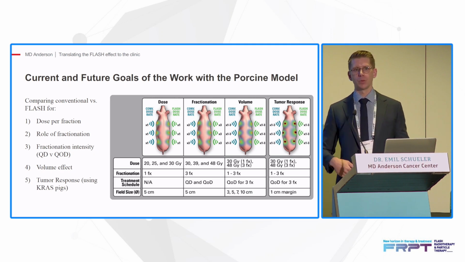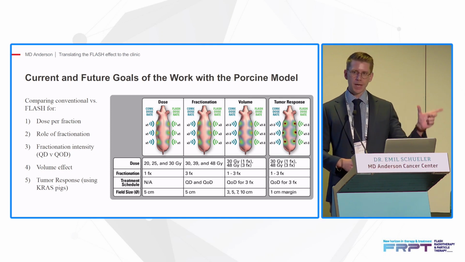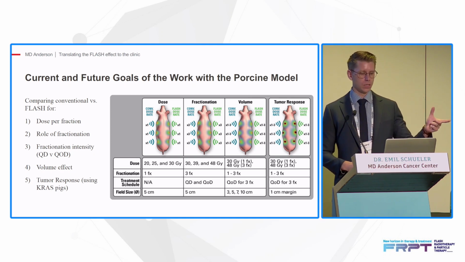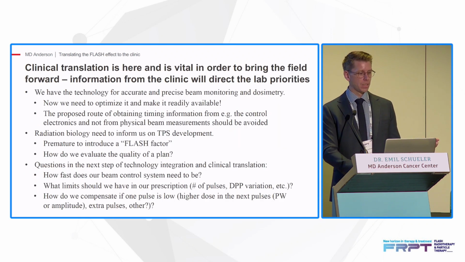The volume effect, which we've seen data on, plays a big role there. And we're also going to be employing the KRAS pigs, so you can actually do lesions on the pig to look at tumor responses in that setting as well. That part we haven't started yet. We're still on the normal tissue responses in pigs.